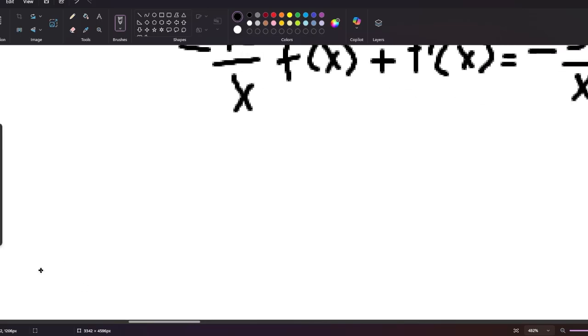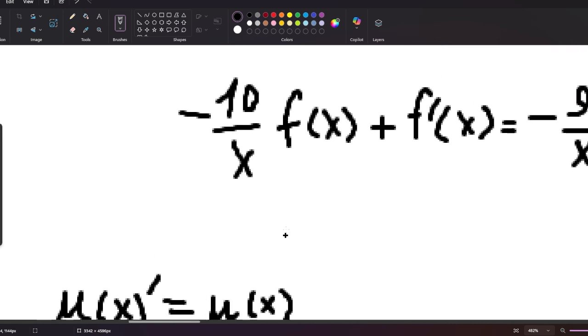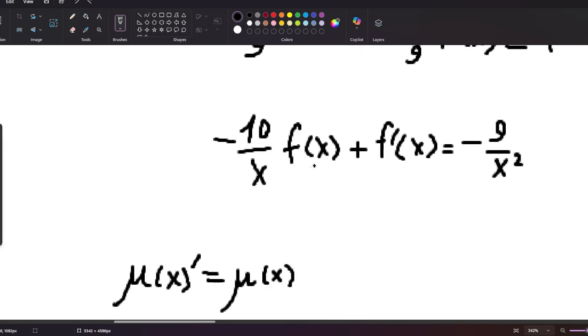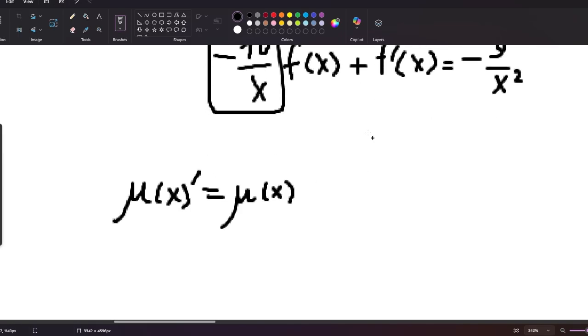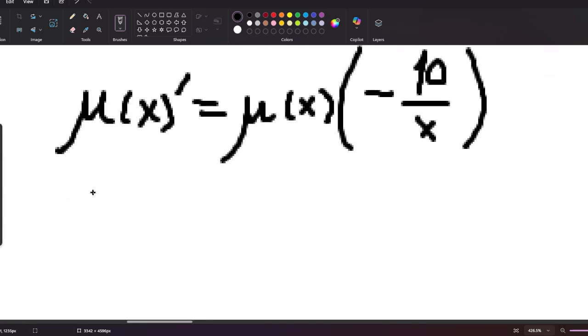Now we're going to find the function mu(x) such that its derivative is equal to its product with the coefficient of f of x, not f of x itself, but this linear coefficient. Okay, now divide both sides by mu(x).